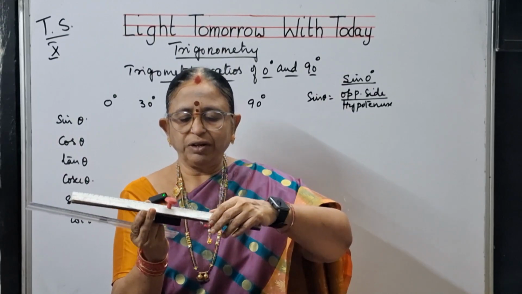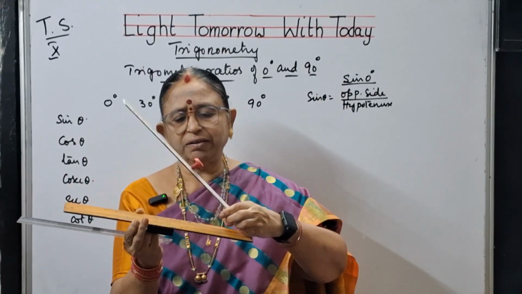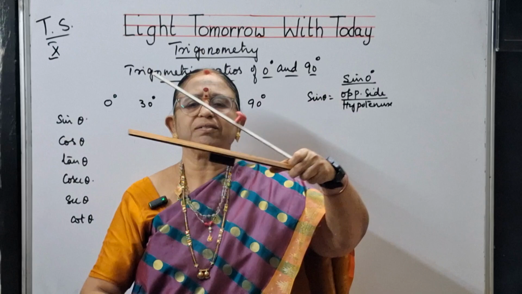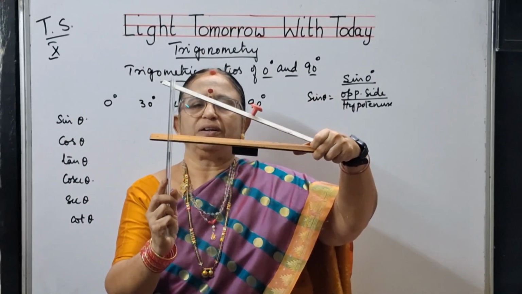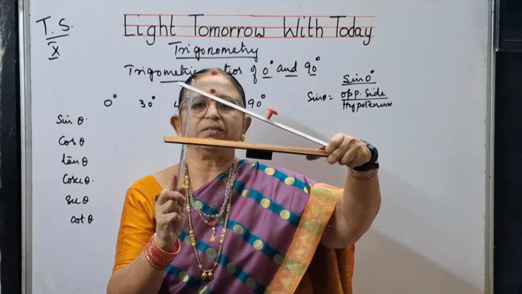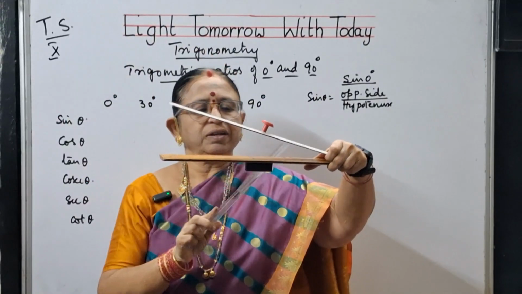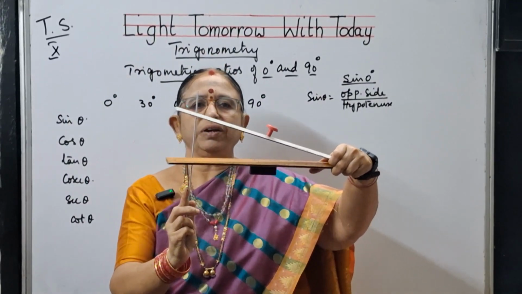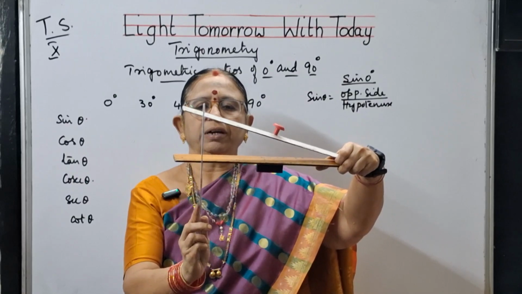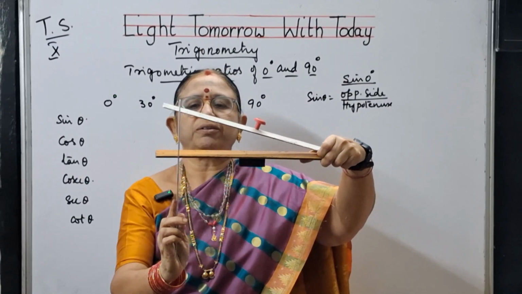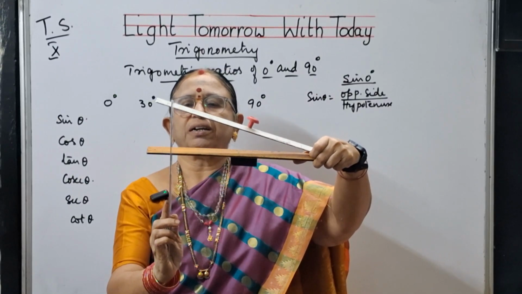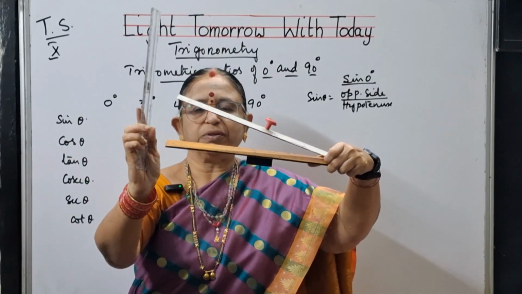Even when you have got a very small angle like this, opposite side will be there. This can be considered as opposite side, and this is hypotenuse, this is base. In this way you can talk about it. I think it is very clear to you. You are getting a right angle triangle with this becoming the opposite side.